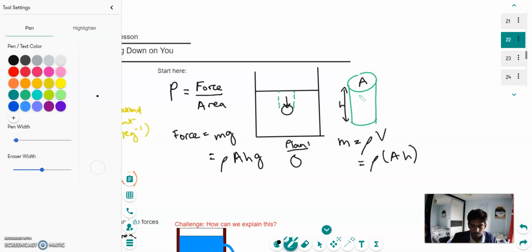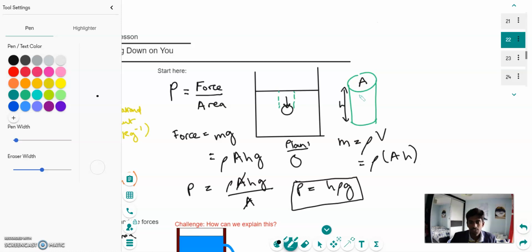So pressure is now equal to the weight of the fluid, rho A H G, divided by, again, A, because they are the same. So now, if we cancel out the A's, P gives us our target equation of H rho G. And that is that.